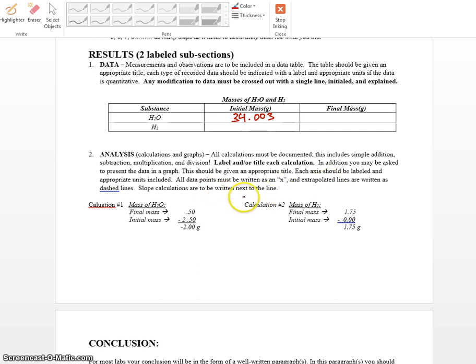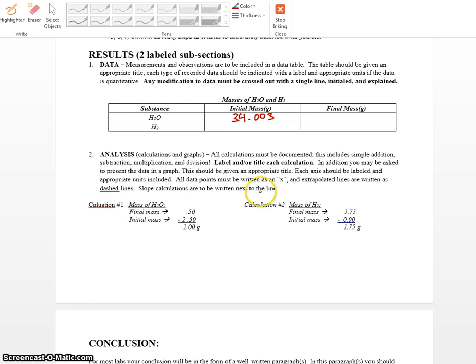Make sure that slope calculations are written next to the best fit line and that you're using points on the line to determine slope. You won't always be doing slope calculations, and many times you'll be asked to determine a best fit line or a best fit curve depending on what the data is.